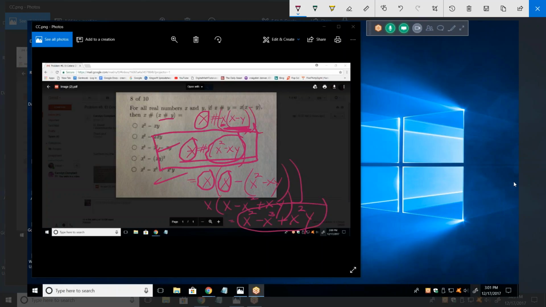That's why I substituted it right there. And it's going to immediately multiply x minus y. And so I see x again, so I put another x minus y.